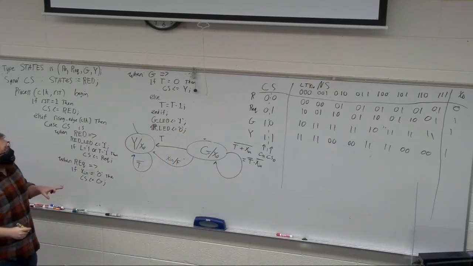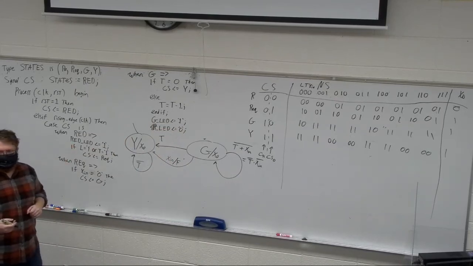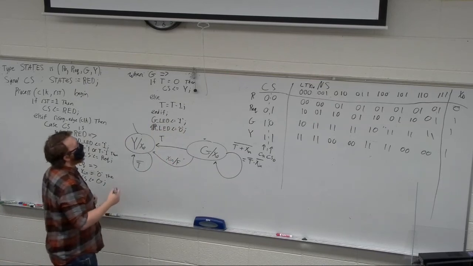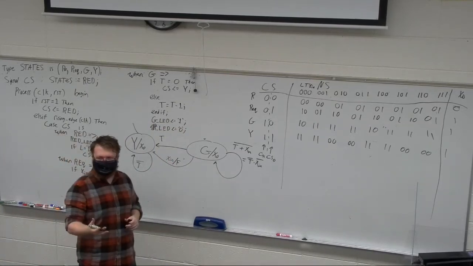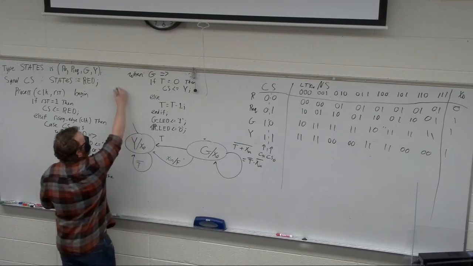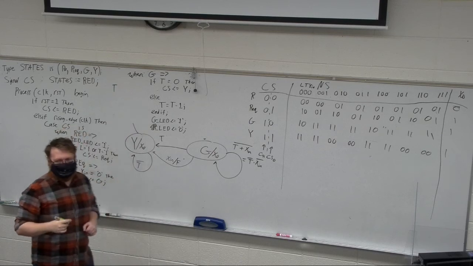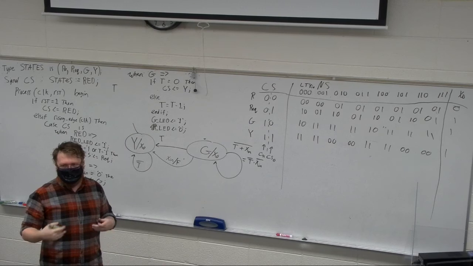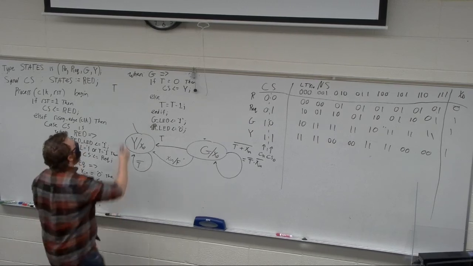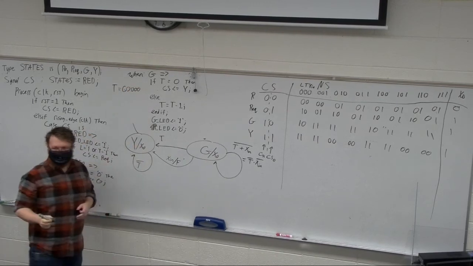Okay. There's an issue. What is the value of T? Well, I could, and this is the wrong way of doing it, but this is what people feel like they want to do. So they come in and they write, well, let's say that I have a 1 kilohertz clock and I want to stay green for 60 seconds. So then I need T equal to 60,000, right?